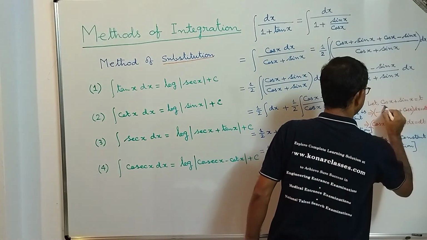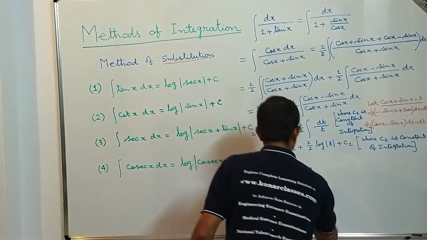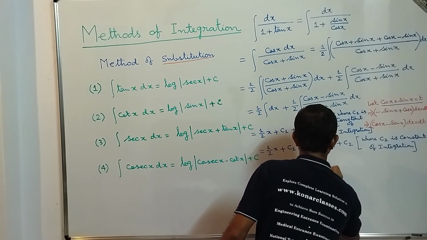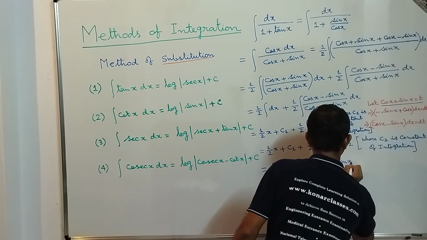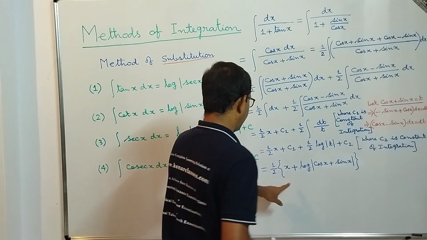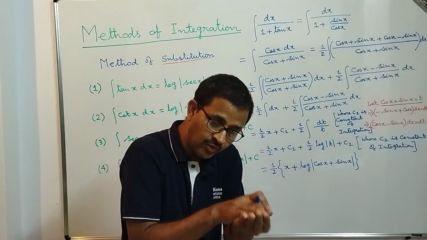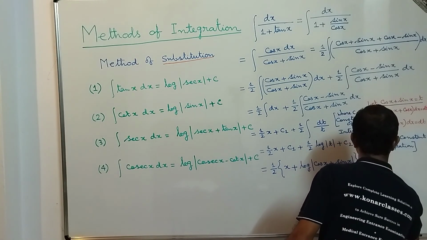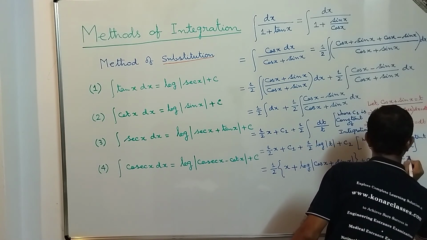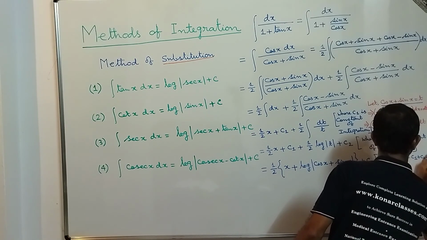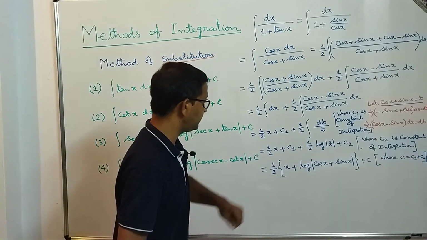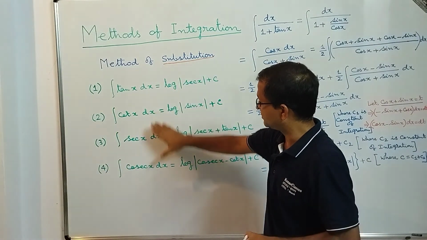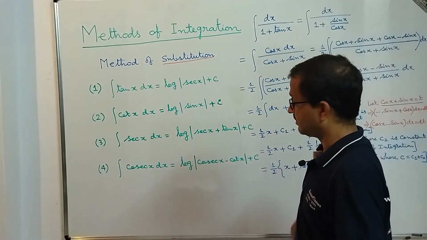So this value we apply here: plus log of mod cos x plus sin x, plus c1 plus c2, which we can make another constant c. So this is plus c, where c is equal to c1 plus c2, and this is the required integration. I hope you got a very clear idea about the derivation of this formula and the relevant problem we have discussed.